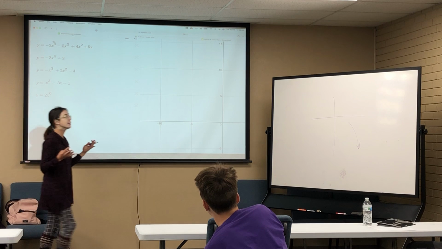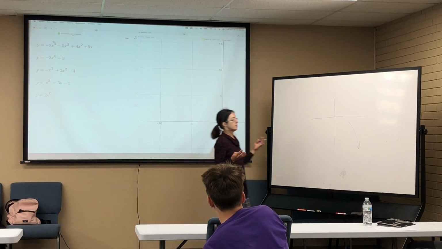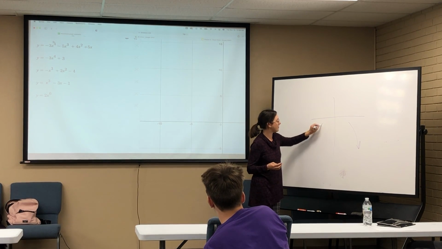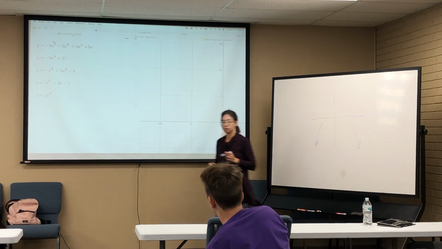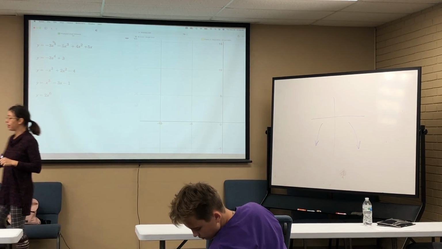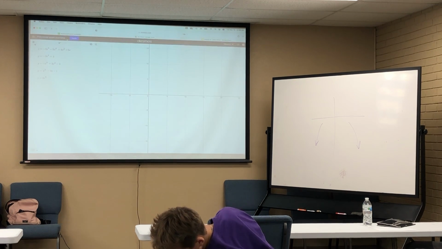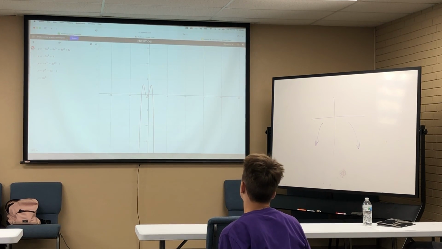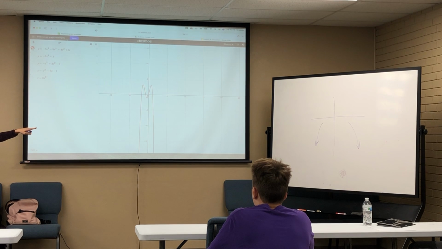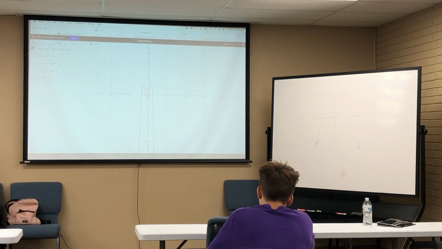So if it's even, it does what? Faces the same direction. It has to face the exact same direction. So we already know the ends have to go like that. Then we'll check it. Do the ends kind of look like our graph there? Yes. So we've got bumps in here.